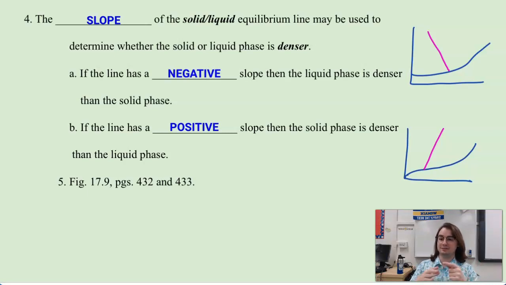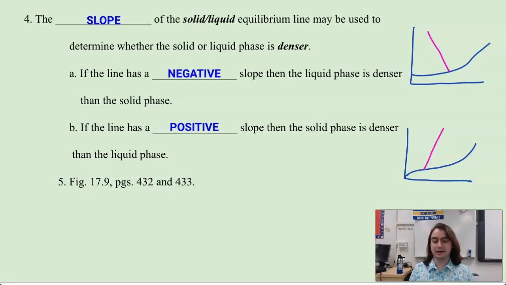Water, however, does the opposite, where it turns into a liquid. And that's based on its phase diagram, which is good for us because that means that ice floats and we don't have a bunch of water at the bottom of the ocean that's frozen, which would be bad. Our whole planet would be different. So we're glad that water is more dense than ice.